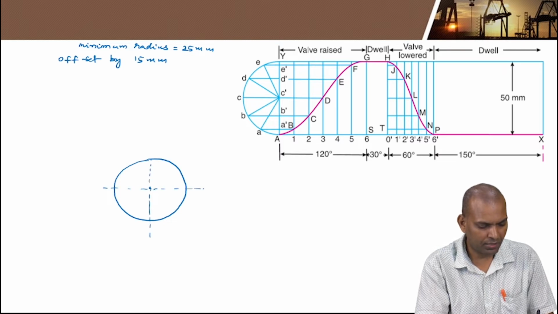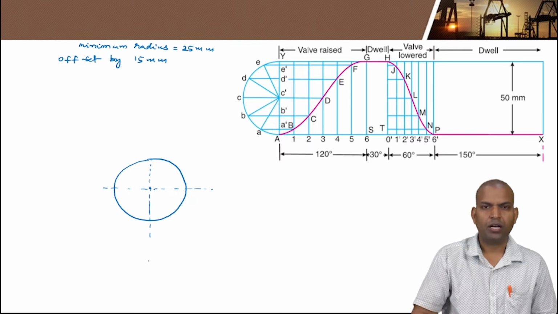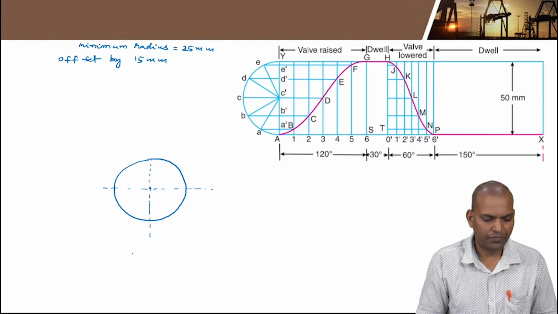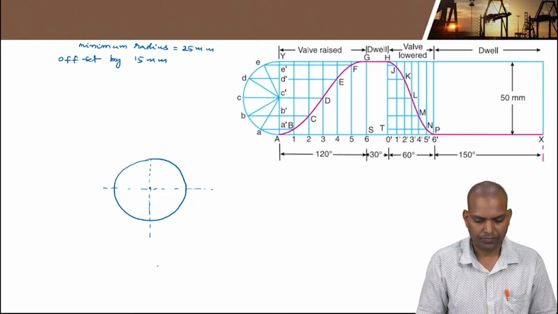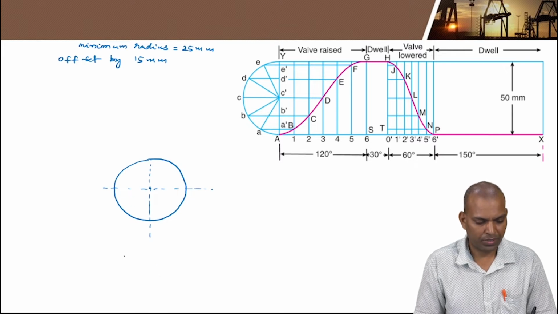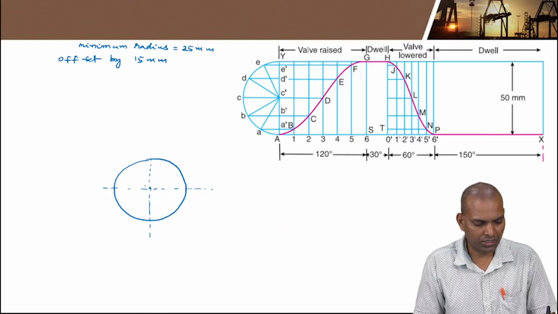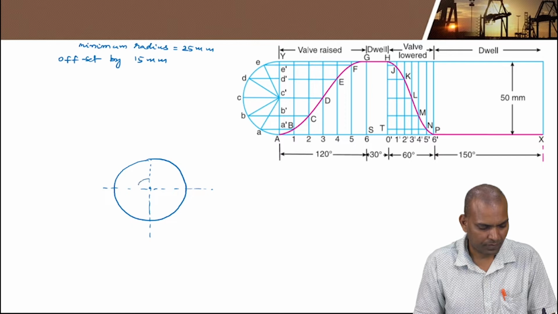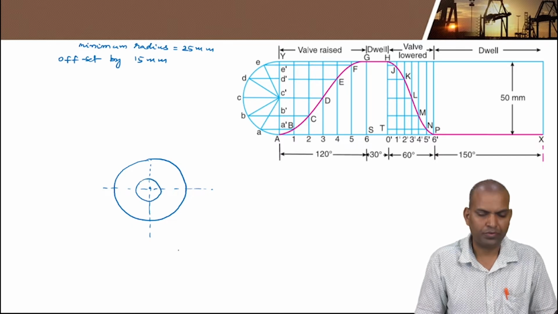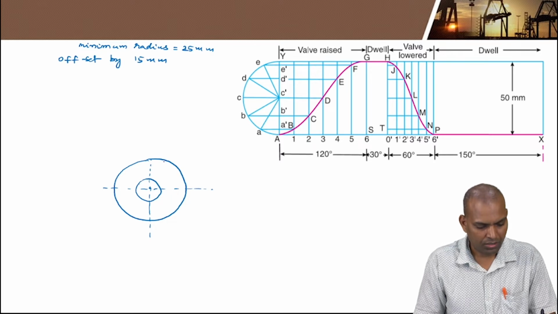This is the base circle, but there is also an offset circle, offset by 15 millimeters. Draw the offset circle with a 15 millimeter radius.